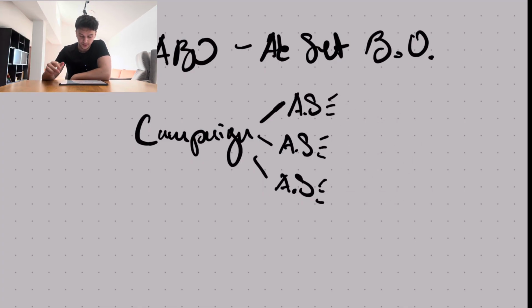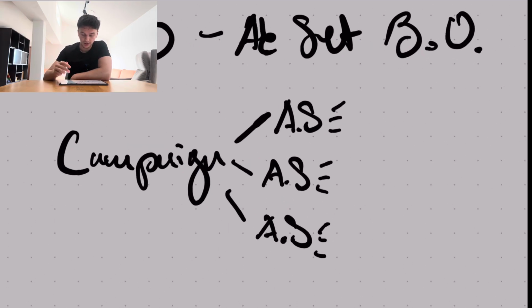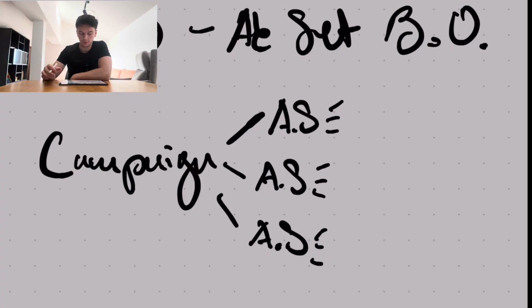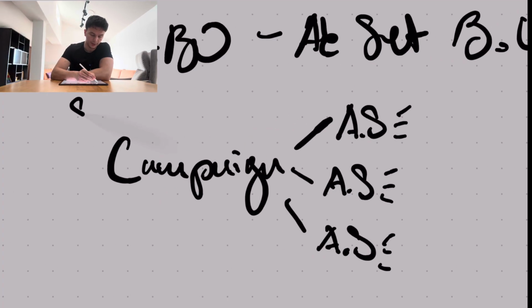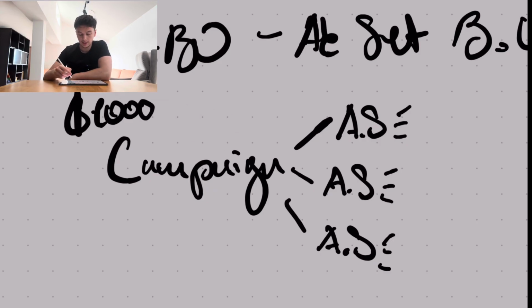So the biggest disadvantage was that we have to set the budget manually. Let's take the example where we want to spend $1,000 a month. We would have to test each one of these with $333, each one the same.